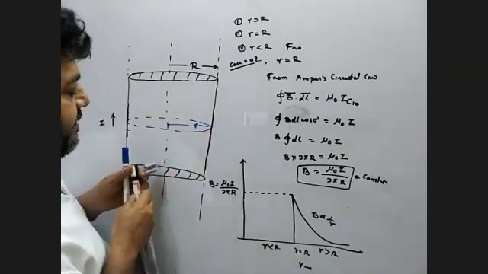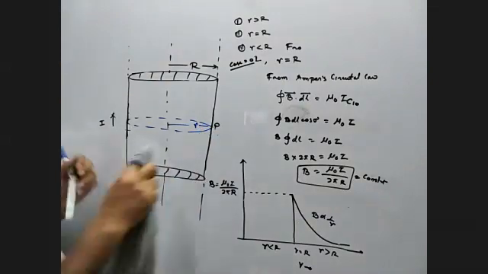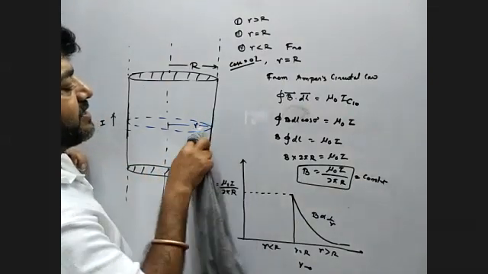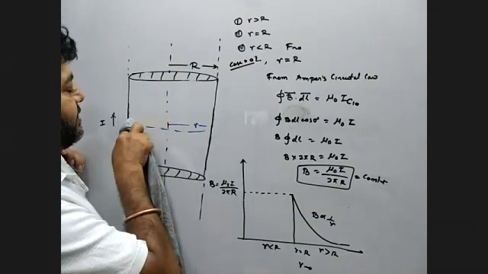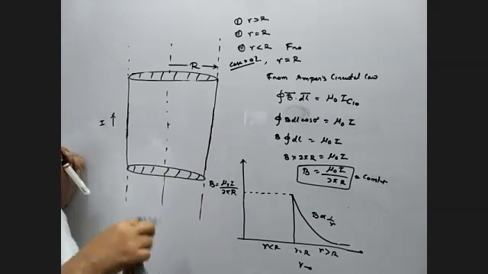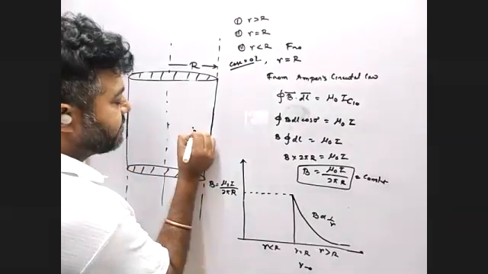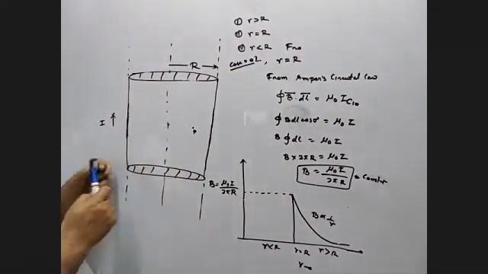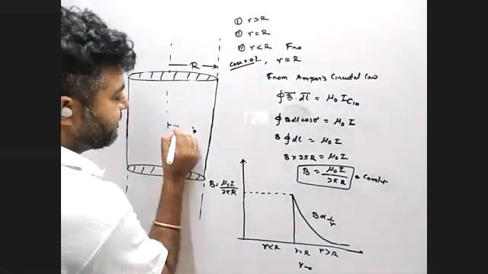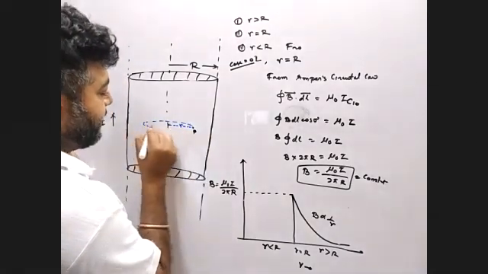Here you can write P for case 2. Now in case 3, the only change is in the solid cylinder. In the case of a solid cylinder, let the point P be at a distance small r.